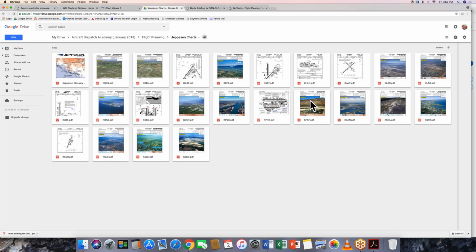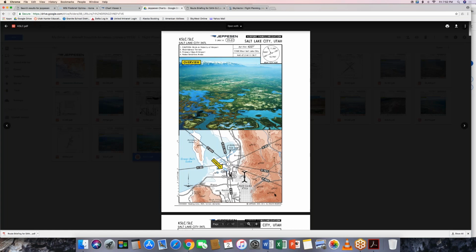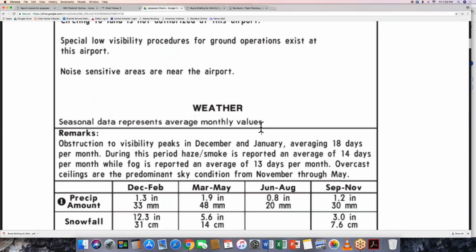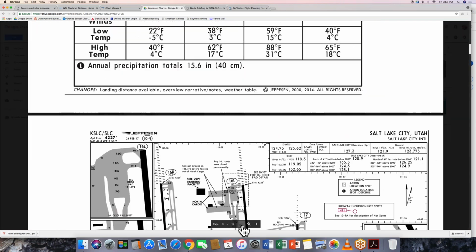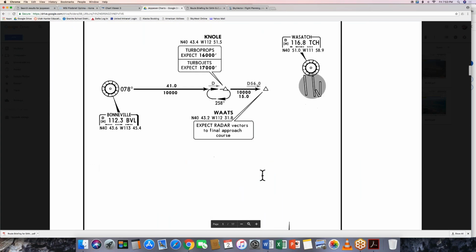So we'll come into here, our Google Drive, and we'll pull up Salt Lake City. Look at that, there's Salt Lake City. So we're going to come down here. I'm going to zoom out just a little bit. Okay, there's our 10-9 charts.